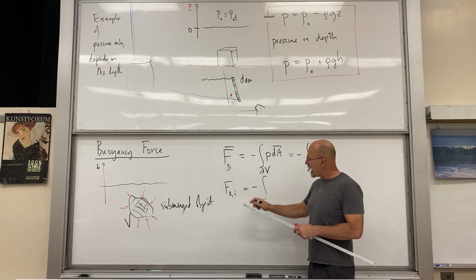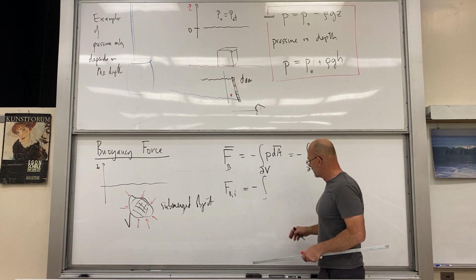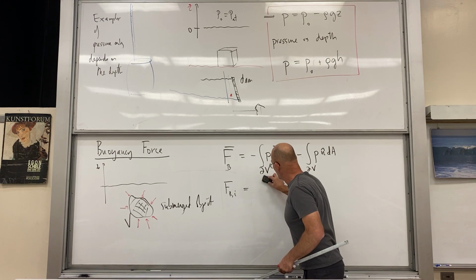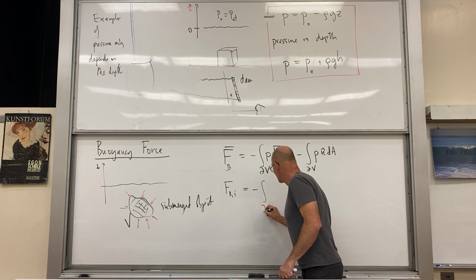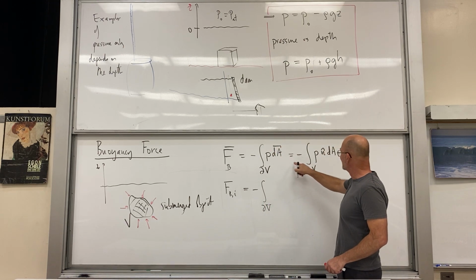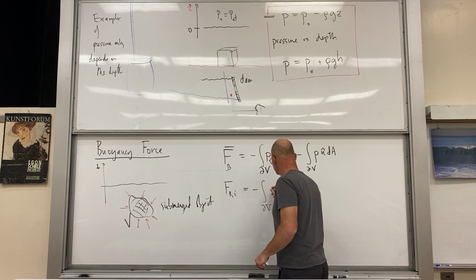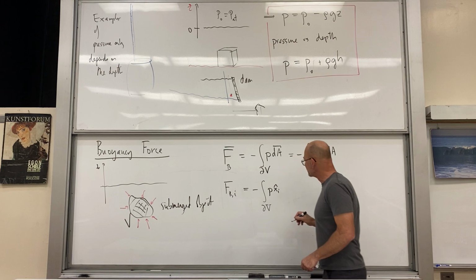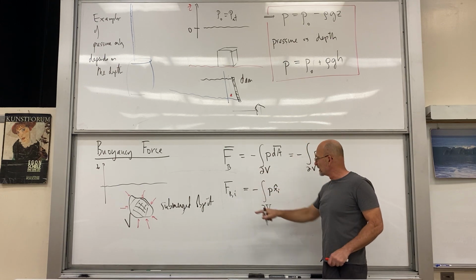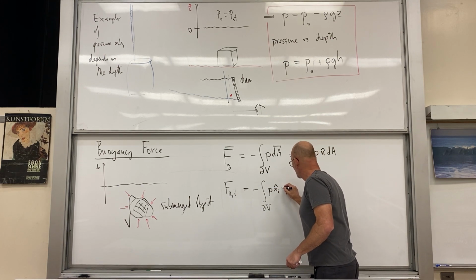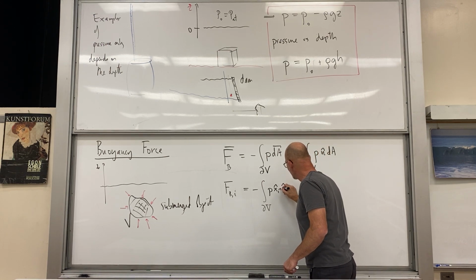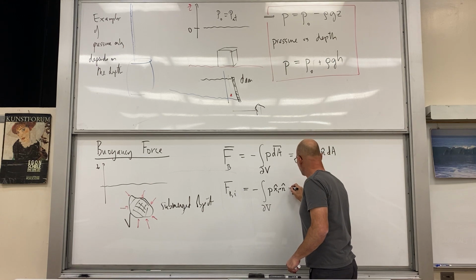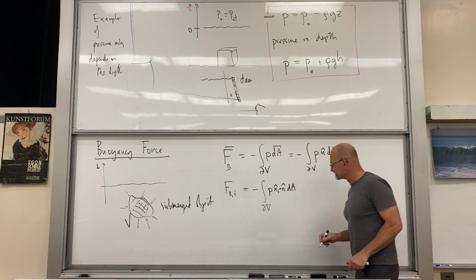And now we're going to take the ith component of this vector, and we'll have minus integral, same thing. So here's where we take that scalar product. So we have P x I hat, that's the unit vector, which gives us the component, dotted with n hat, d area.